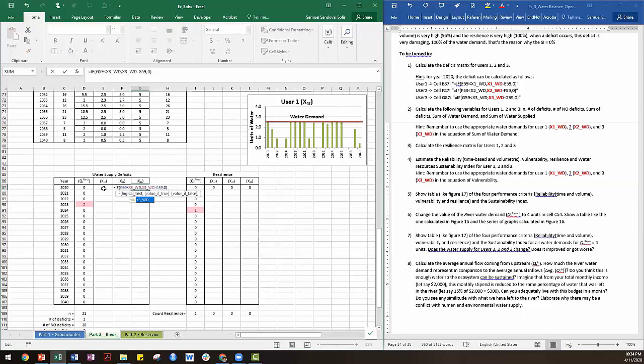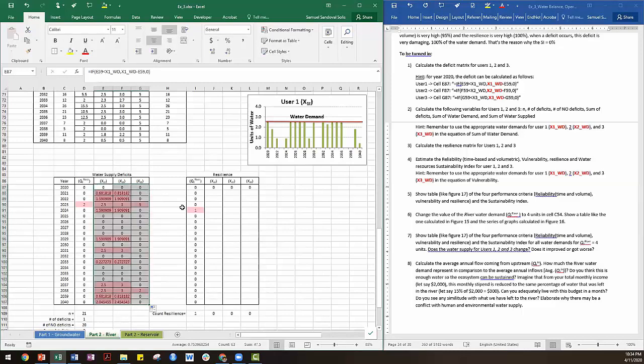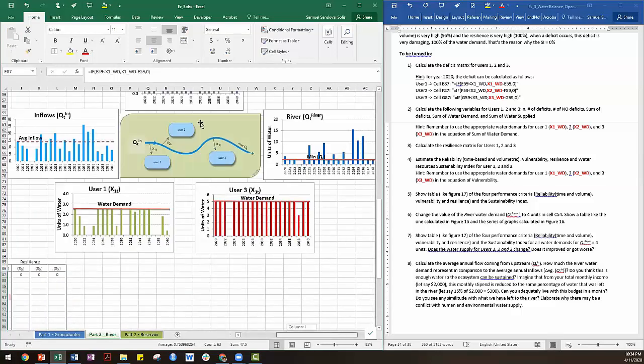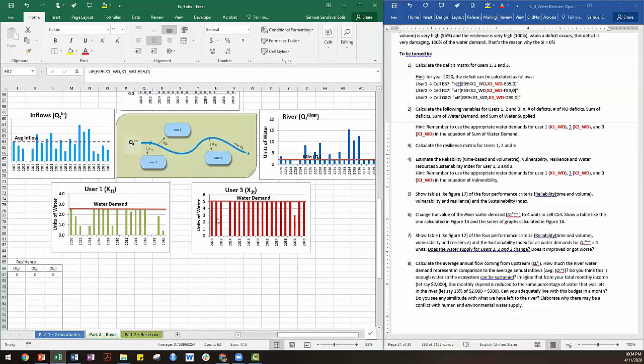So basically what I'm doing here is making sure that I have these values here, that I am using the right ones, and here you can see that, for instance, for x3, it only has 2 deficits in 2023 and 2038. And we have already seen that x1 has this big deficit in here and this big deficit in here.